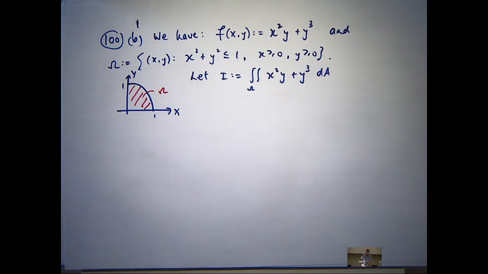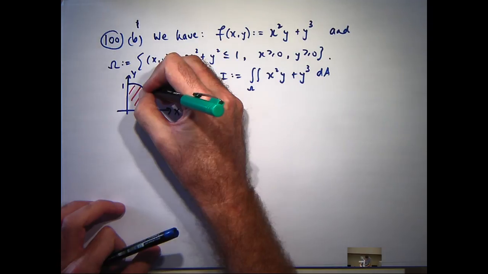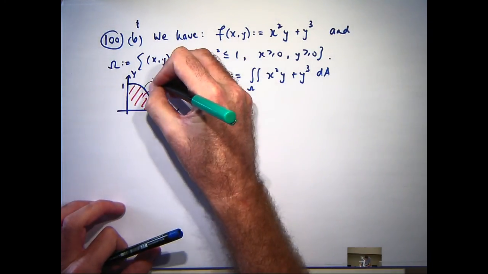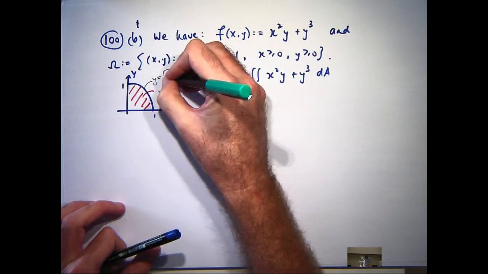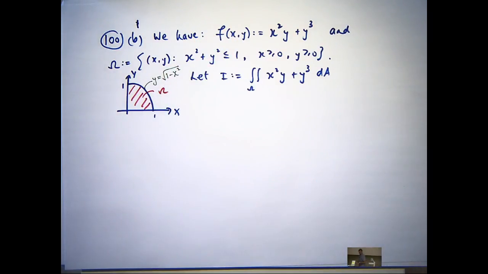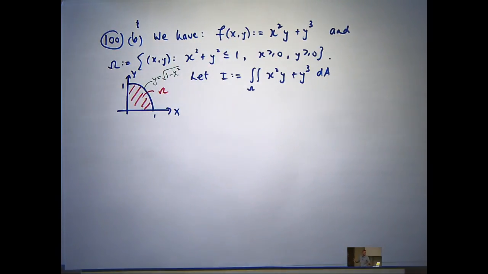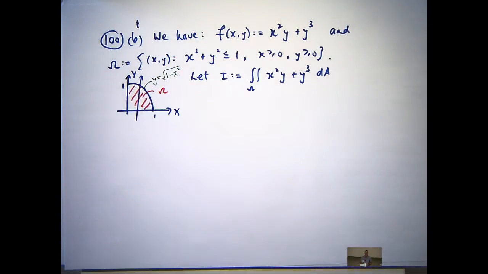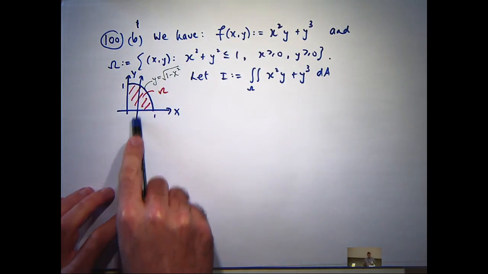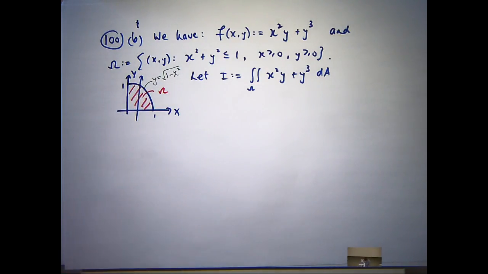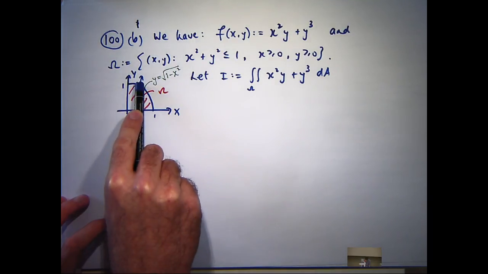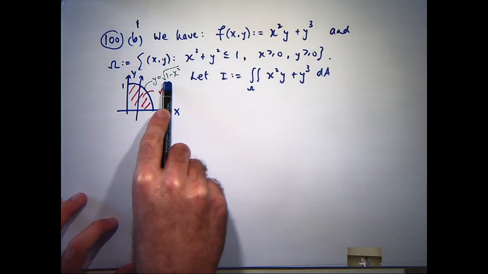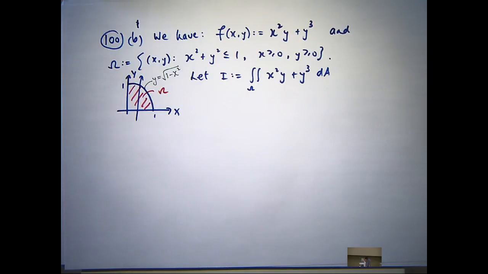The way I've done it, this curve here is going to be y equals root 1 minus x squared. So what I can do is just draw this vertical line. The vertical line enters the region at y equals 0, and it exits the region omega at y equals root 1 minus x squared.